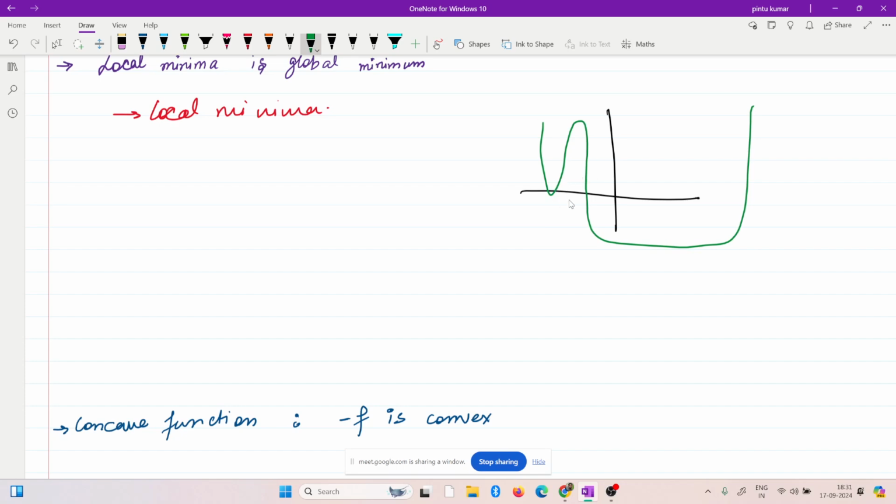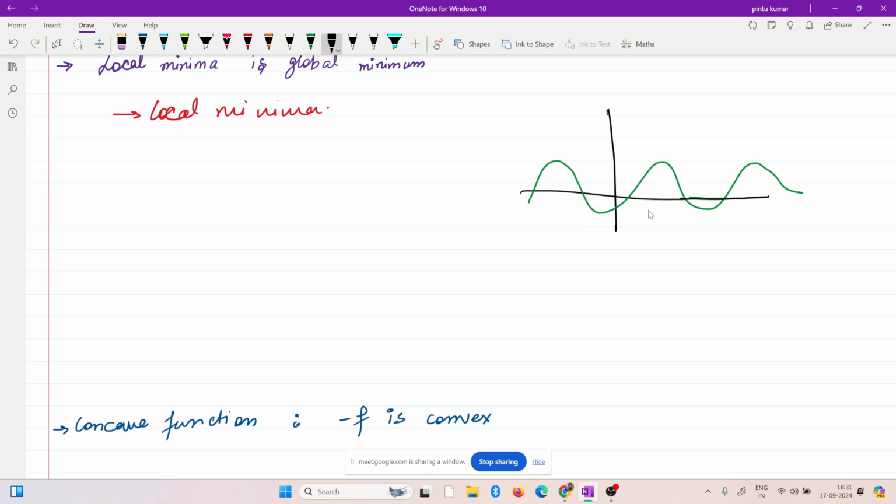I think I can draw something better. Okay, let's draw a sine curve as an example. So let's say this is the function that you have.